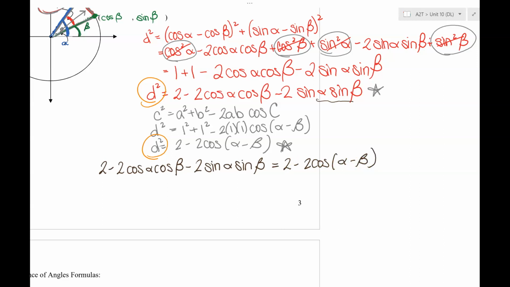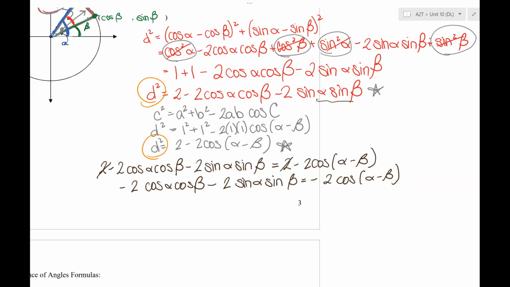And you might be thinking, why would I want to do that? Because it's amazing. Okay, so we're going to subtract the 2's. So we get negative 2 cosine alpha cosine beta minus 2 sine alpha sine beta equal to negative 2 cosine of alpha minus beta. Okay. I like where this is going.